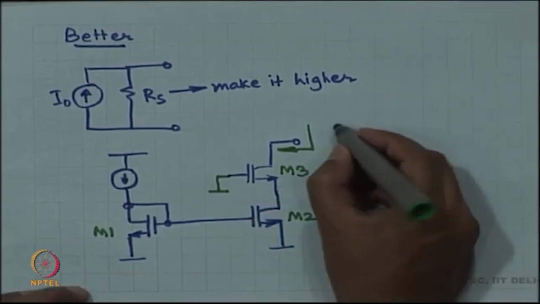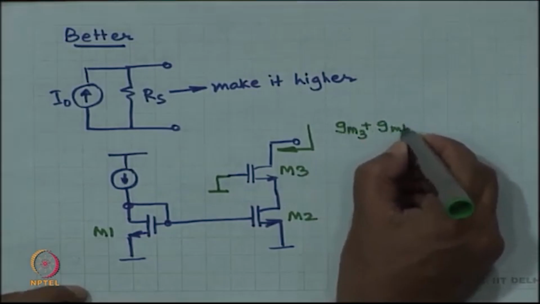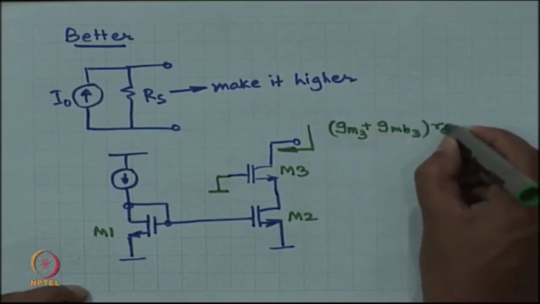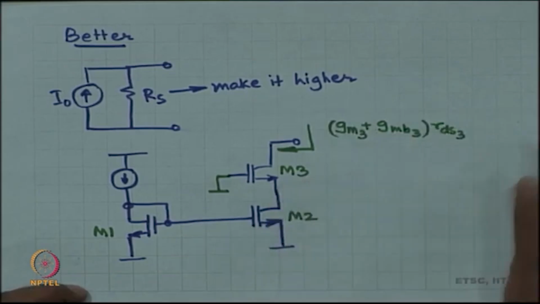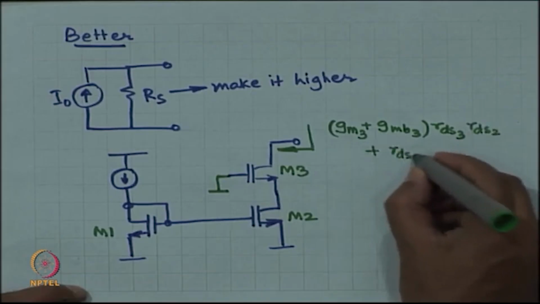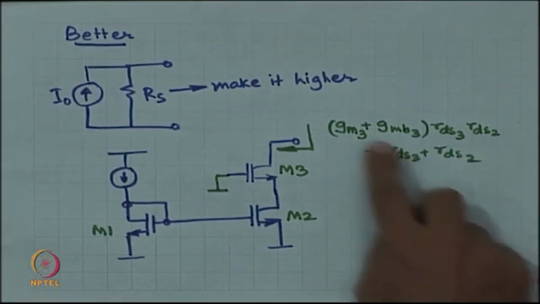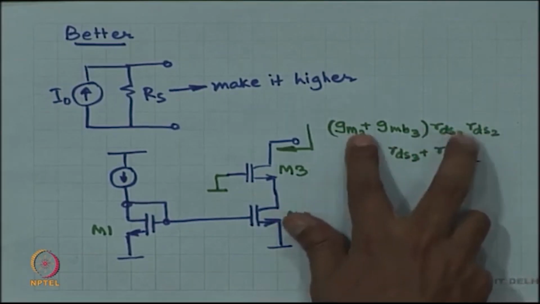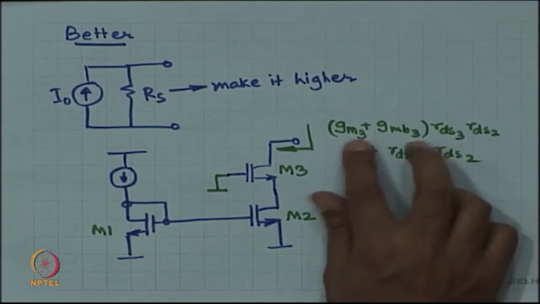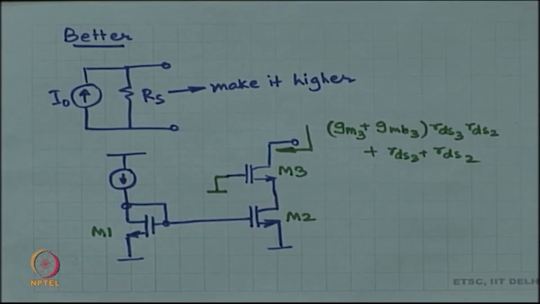So, this output impedance is nothing but (GM3 plus GMB3) times RDS3, this is the intrinsic gain of M3, times RDS2, plus RDS3 plus RDS2. Okay. And this intrinsic gain is large, right, it could be something like 100. If this is 100, then I have 100 times RDS2, which is much larger than RDS2, right.